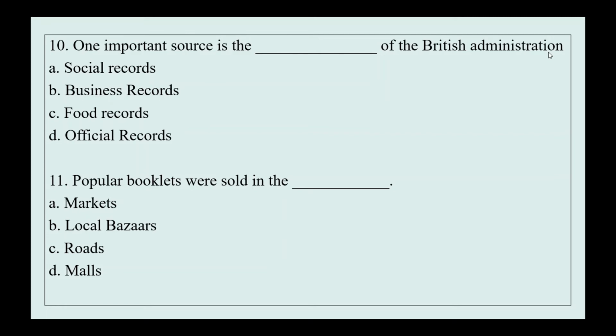So one important source is the official records of the British administration. Okay, the 11th question is, popular booklets were sold in the dash. Option A, markets. Option B, local bazaars. Option C, roads. And option D, malls. Which one is the right answer? Option B, local bazaars. Okay.